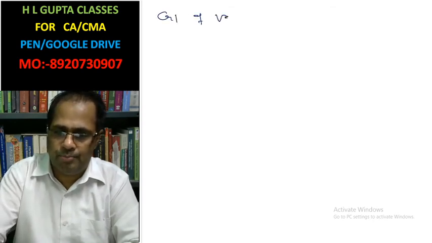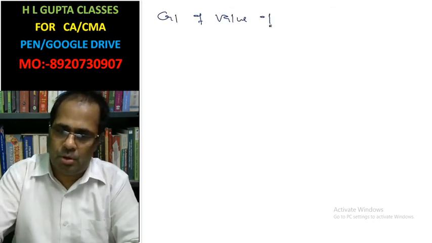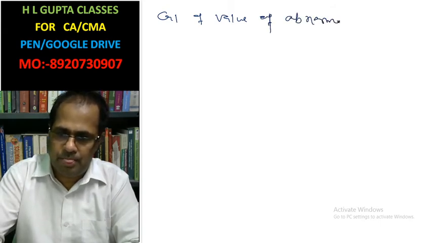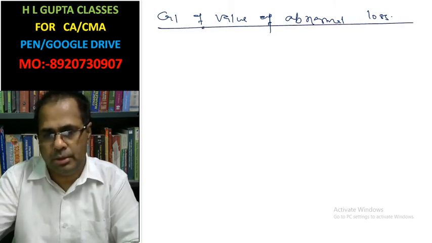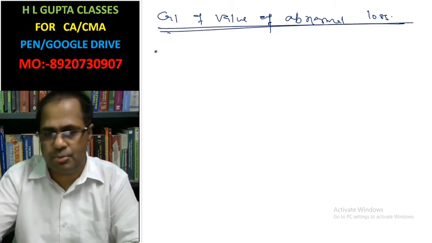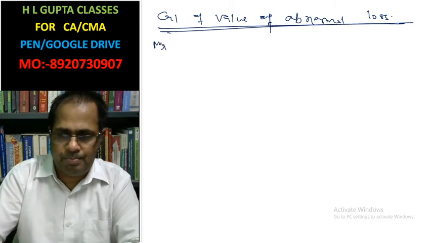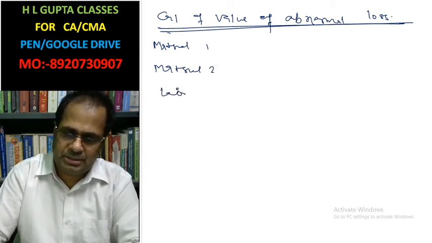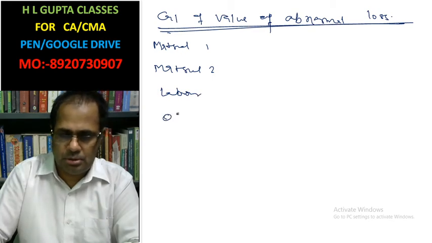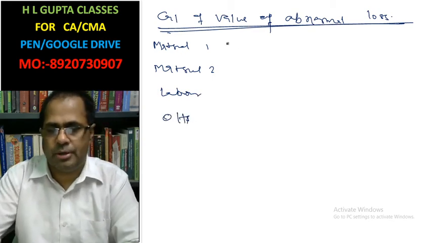Now again calculation of value of abnormal loss. Exact the same process you have to follow. Material 1, material second, this is the labor, this is overhead.